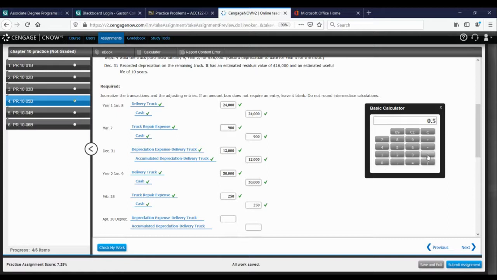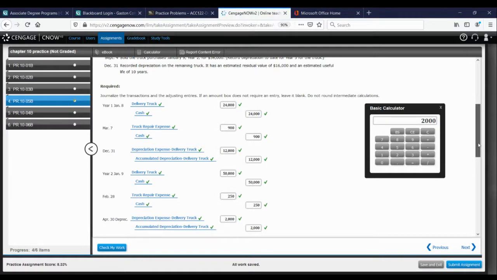So we have to add to this a fraction amount of 4 months divided by 12 months, and that will give me the amount of the depreciation that we have to use to bring this up to the date of the sale. The depreciation was $2,000 for 4 months, from January to April 30th.